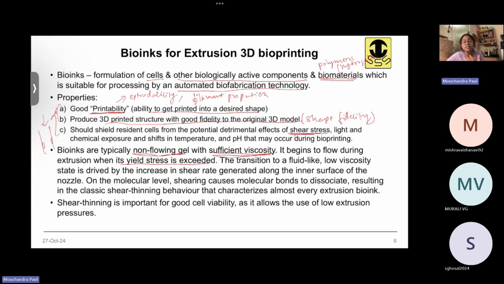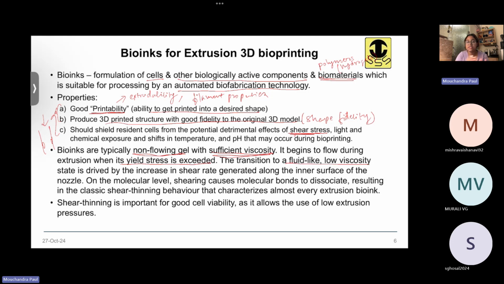So how do we exceed this yield stress? When we apply pressure, the yield stress of the bioink is exceeded, and only then will it start to flow. Otherwise, it will stay inside the cartridge as it is. So the transition happens from a non-flowing gel to a fluid-like, low viscous state.